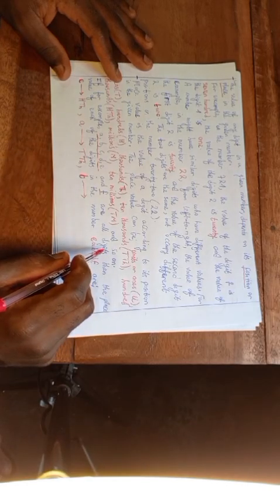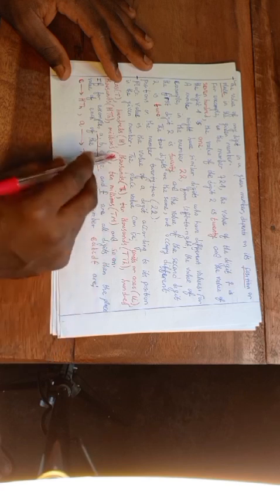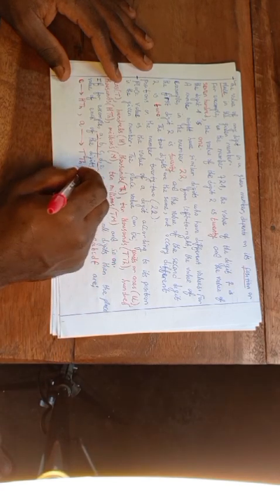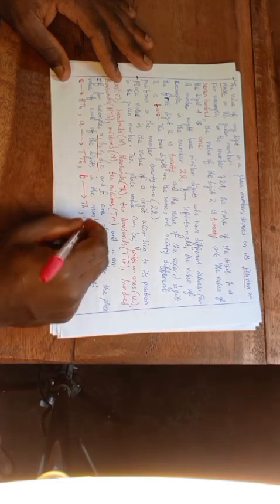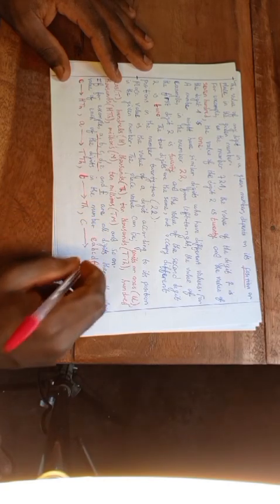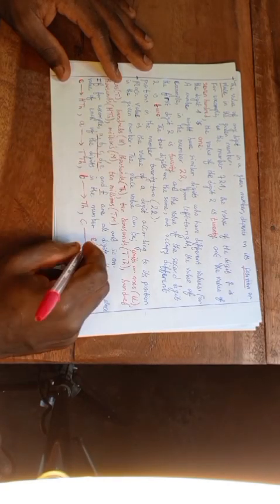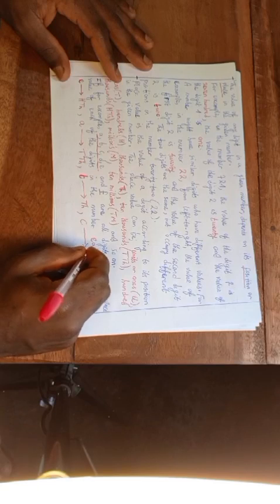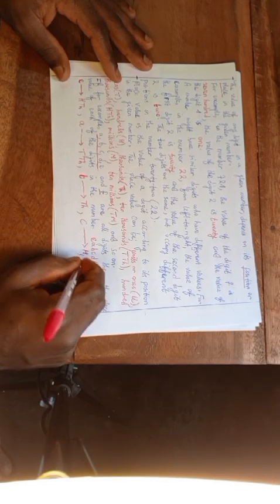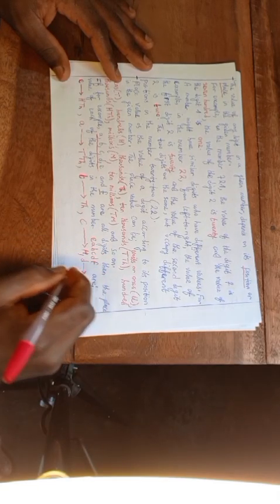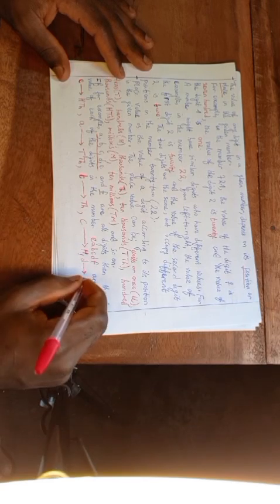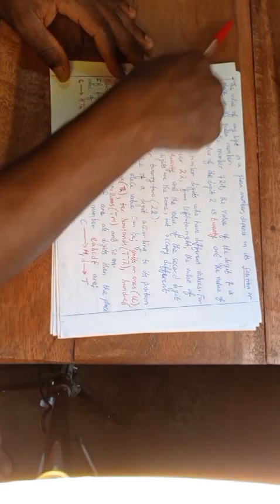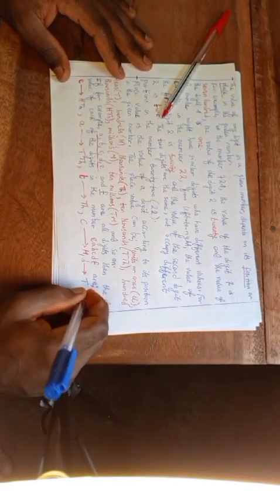Next, take the digit B. We count the number of digits after B. There are 3 of them. So it takes the place value of thousands. Next, move to the digit C. If we count the number of digits after the digit C, there are 2 of them.